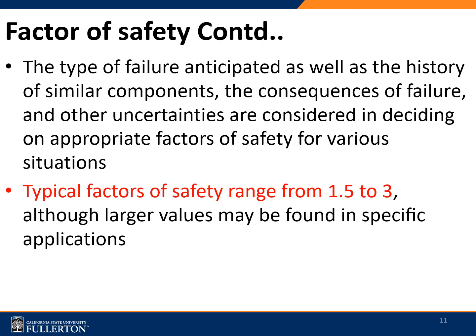The typical numbers of factor of safety are between 1.5 to 3. You could increase that number. Again, it goes back to the question of over designing or unnecessary addition of material as well as expense to the structure.